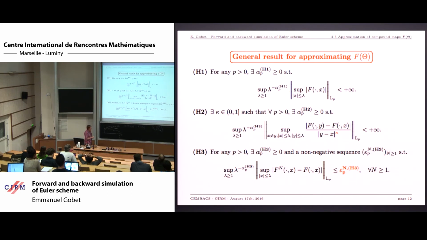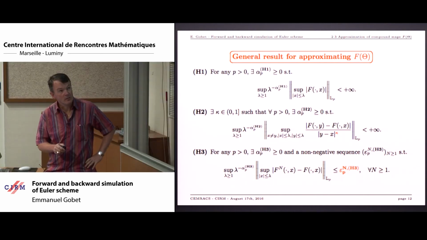In the case of an SDE, kappa is equal to 1. We know that this is a C1 diffeomorphism, even more if you have more smoothness on the coefficients. So kappa is equal to 1 here.